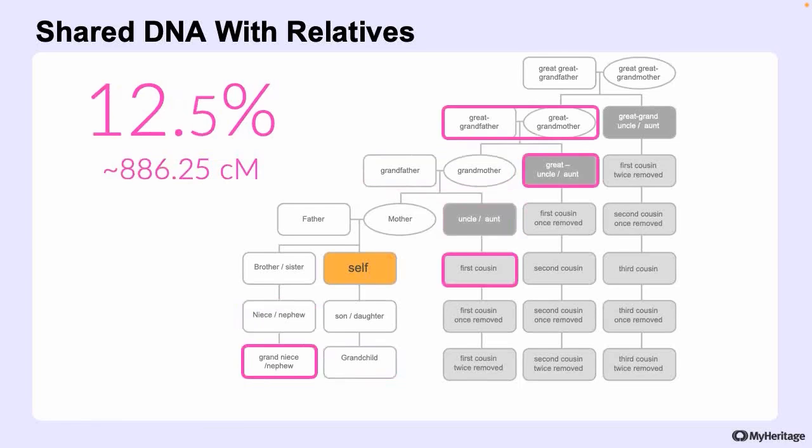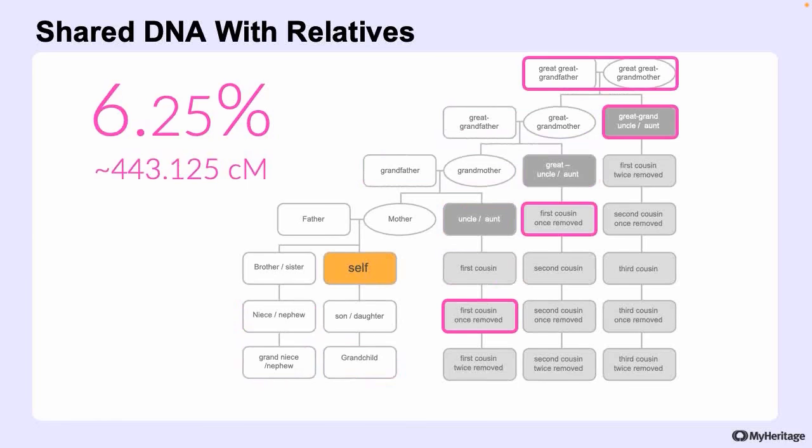Let's continue and look at 12.5% of shared DNA. In that case, it will be either one of our 8 great-grandparents, or a great-uncle, or a first cousin, or a grand-niece or nephew. So again, if I move down to 6.25%, then it will go further away.